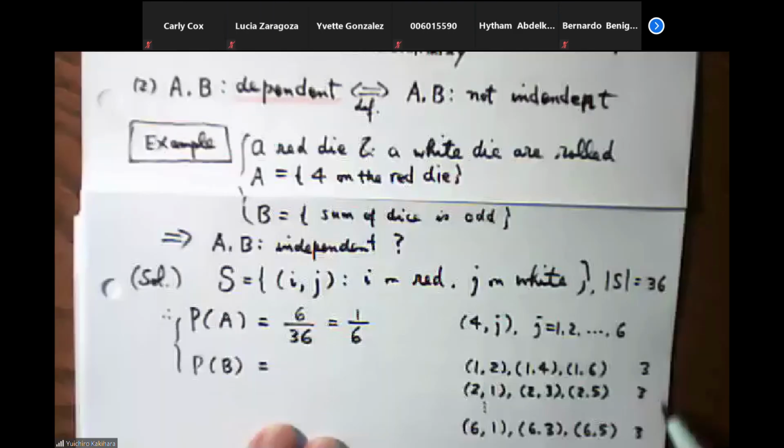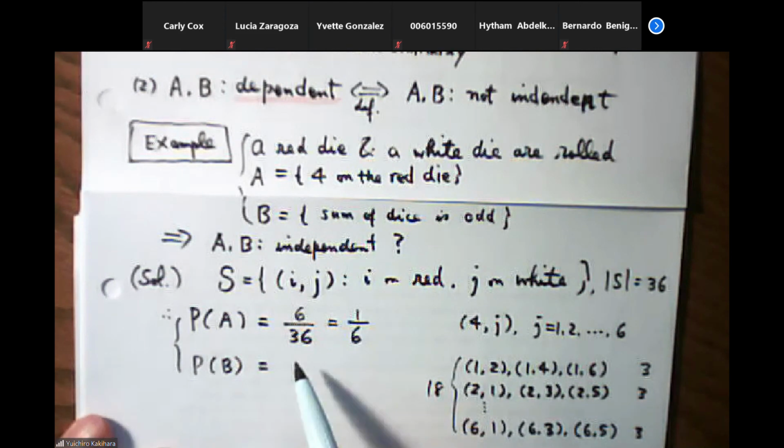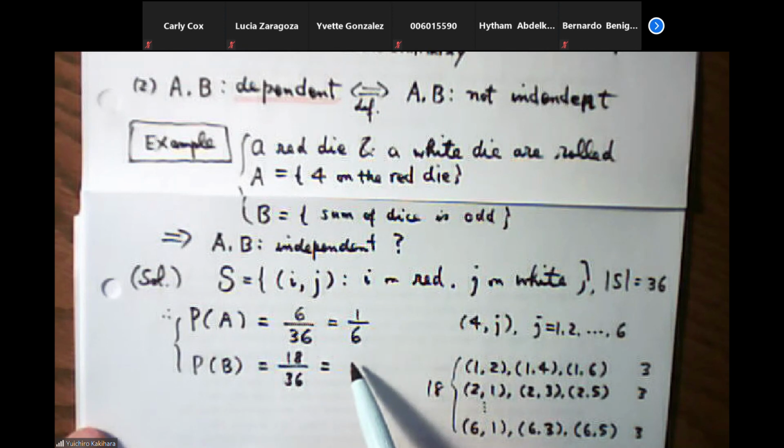For 6, there are 3. So we have 3 times 1, 2, 3, 4, 5, 6, which is 18. There are 18 such pairs. So 18 over 36. Simplify this: 1/2, right? Probability of B is 1/2.